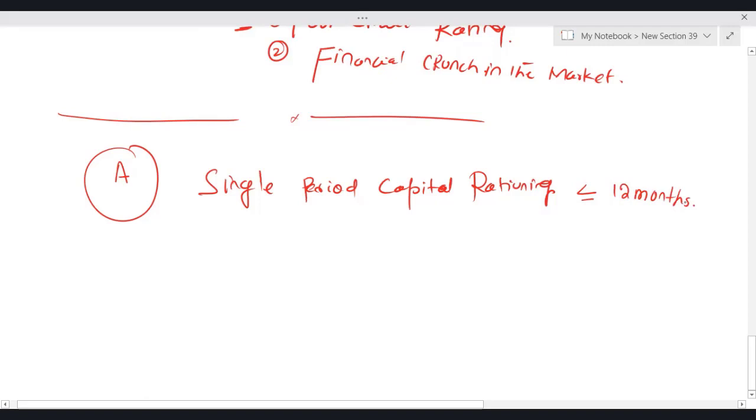In the financial management paper, we have single period capital rationing. There is also another kind, multi-period capital rationing.